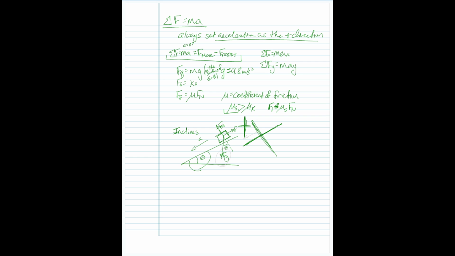Now, my normal force is in the vertical direction, my frictional force is in the horizontal direction, and only my Fg is in both directions, so only one force would have components. Also, I know this object is accelerating in this direction, so it's only accelerating in my new horizontal direction. So those are some things to keep in mind when you're going through your review for the forces unit of AP Physics 1.